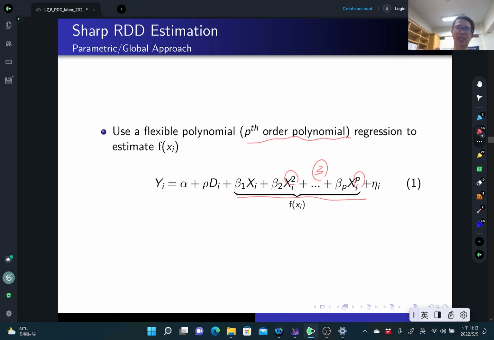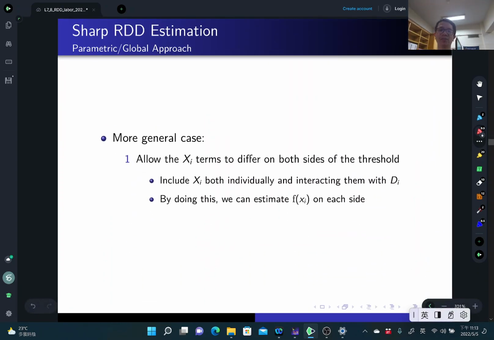But we need to use some flexible polynomial functional form to estimate the relationship between the assignment variable and outcome. And we usually allow their relationship to differ on both sides of the threshold at the cutoff.